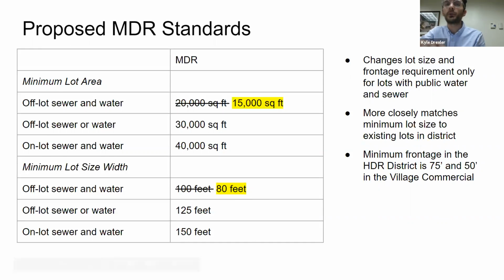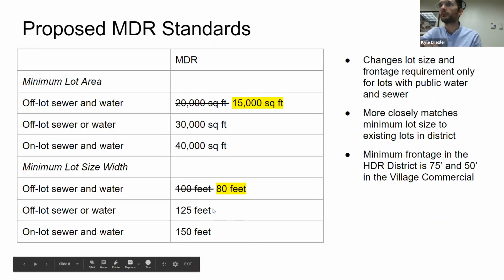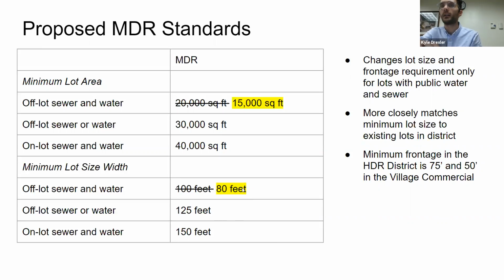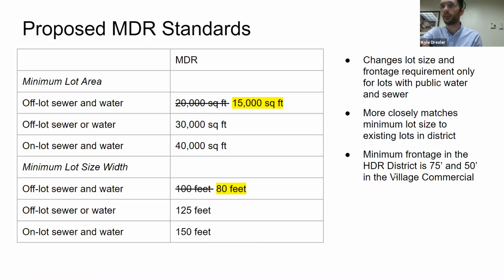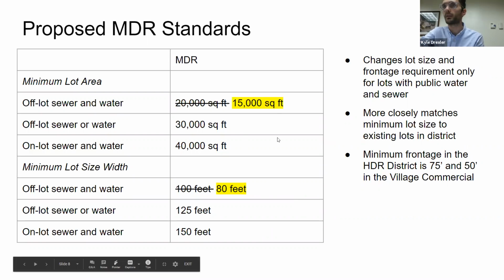So reducing the MDR frontage from 100 feet to 80 feet is a reduction, but again, it's not so drastic of a reduction that it's out of place with what's already in place in the rest of town. And the next couple of slides will show some visual examples of lots that exist in the MDR right now that meet these proposed standards.